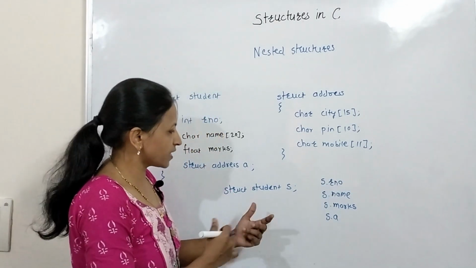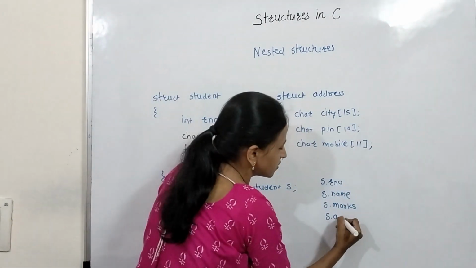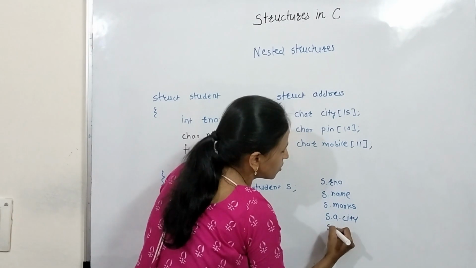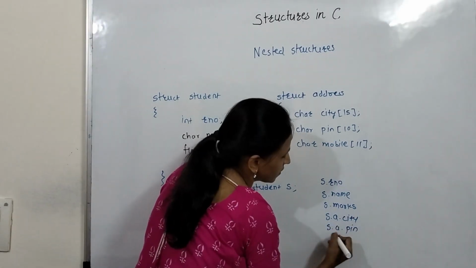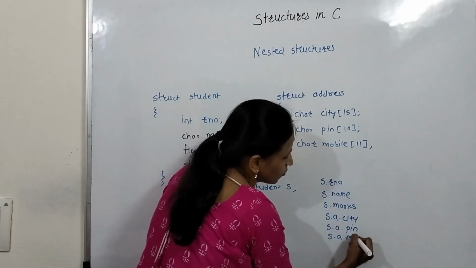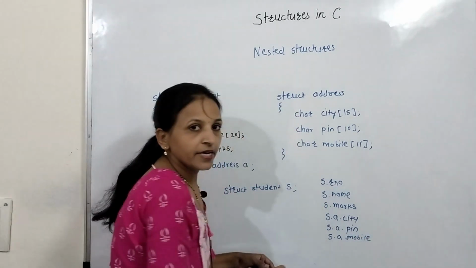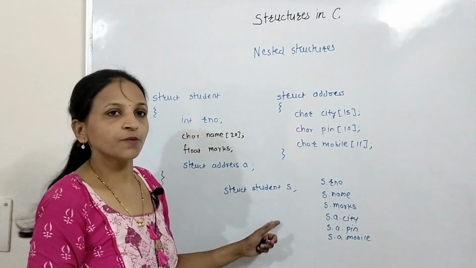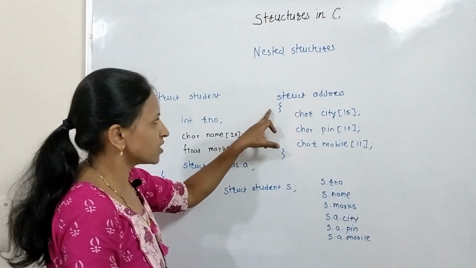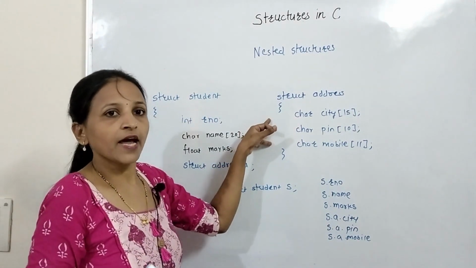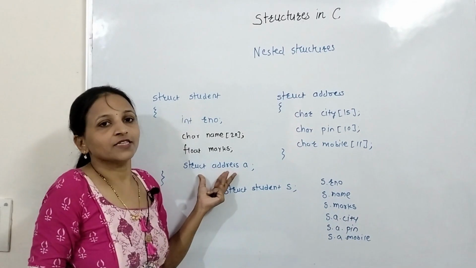That's why it again has internally these three members. So we have to access like this: s.a.city, then s.a.pin and s.a.mobile. Getting? This is the concept of nested structure. It means one structure's variable can be a member of any other structure.